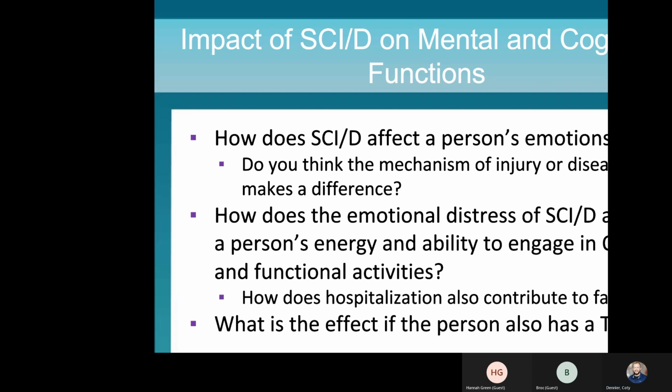I think when anybody experiences something as traumatic as a spinal cord injury, I mean, this is a life-changing event, a life-changing tragedy for everyone that's involved with this person.